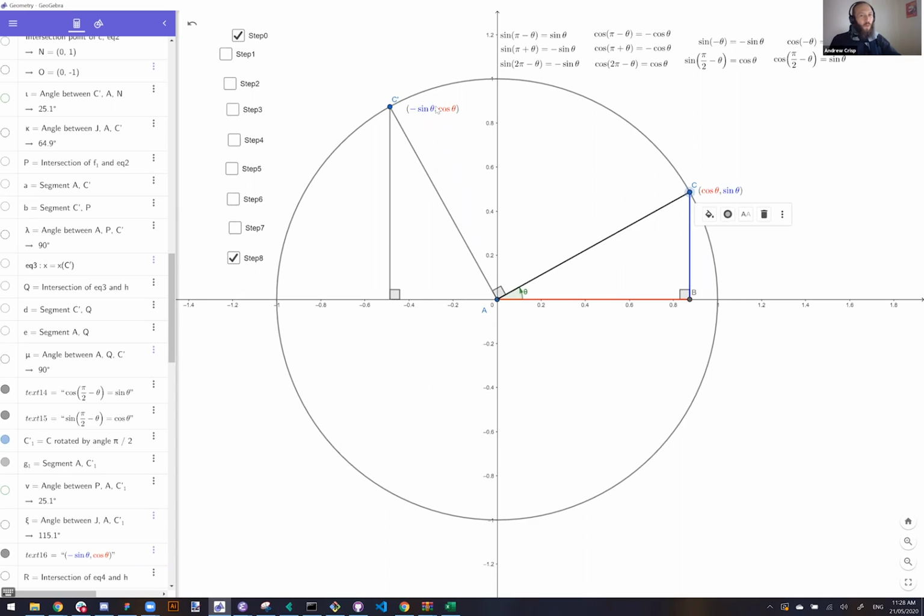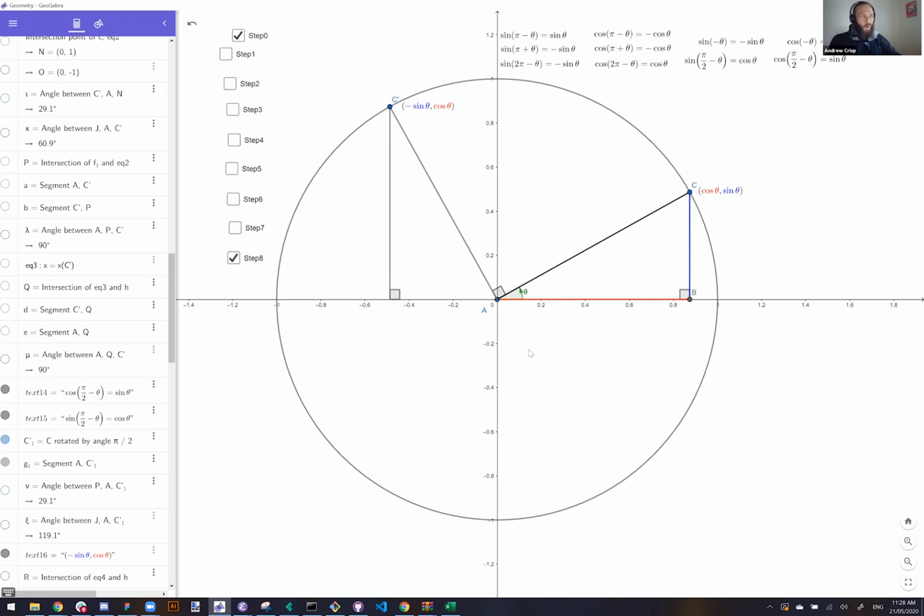But you'll notice I've already put this up. How do I know that this is true? Well, all I've done is I've rotated this triangle, but this distance here, this vertical height, the sine theta, is equal to this distance here.